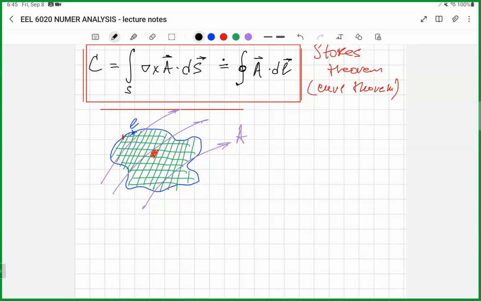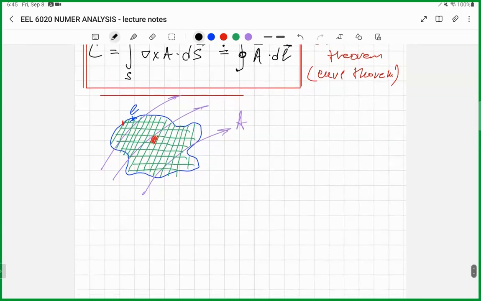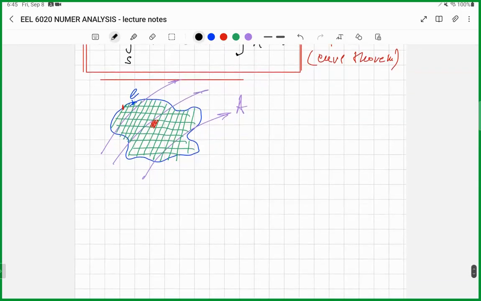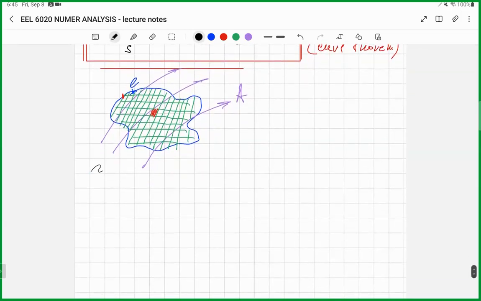So what I'm going to do is take an example or a kind of problem. Again, we consider the same field, the divergence-free vortex field.